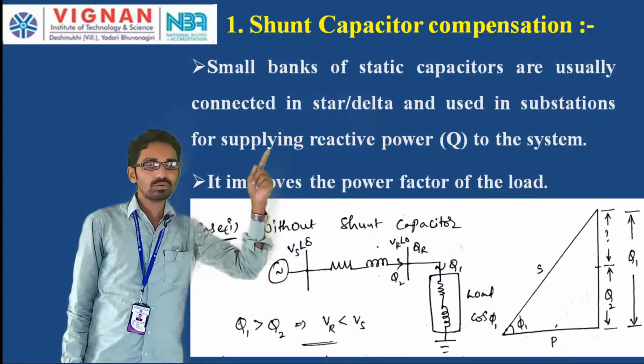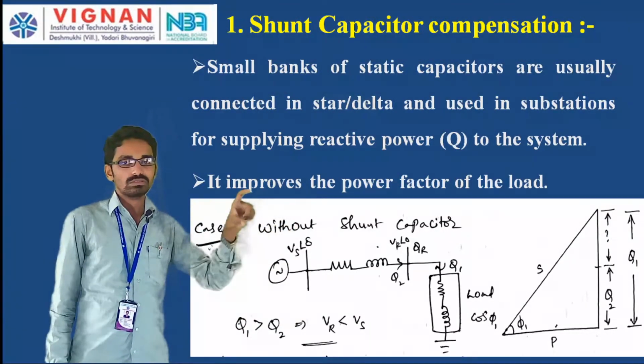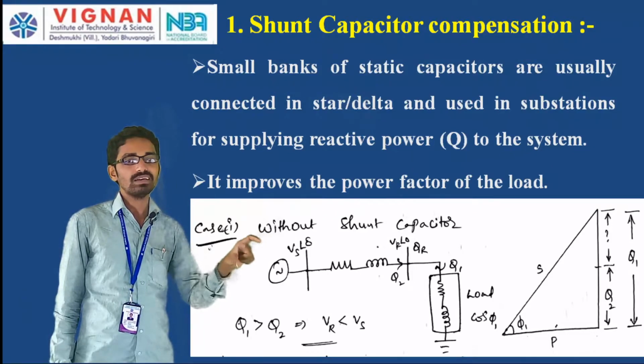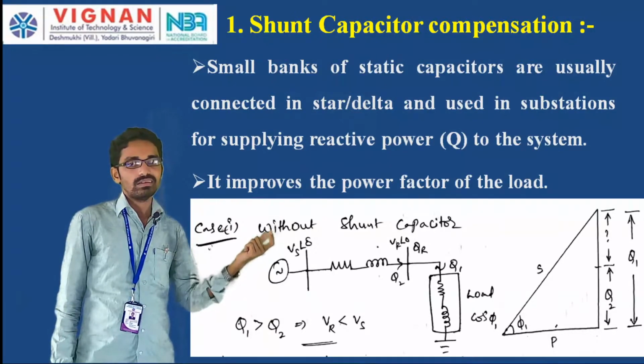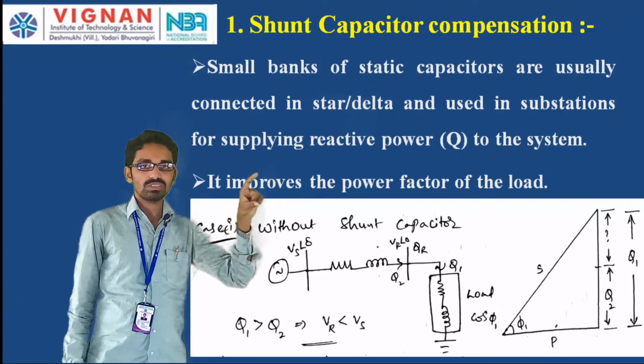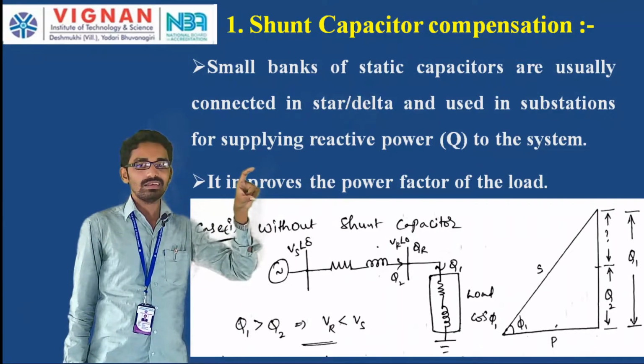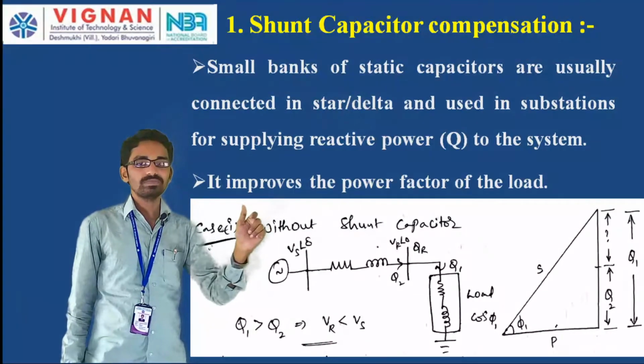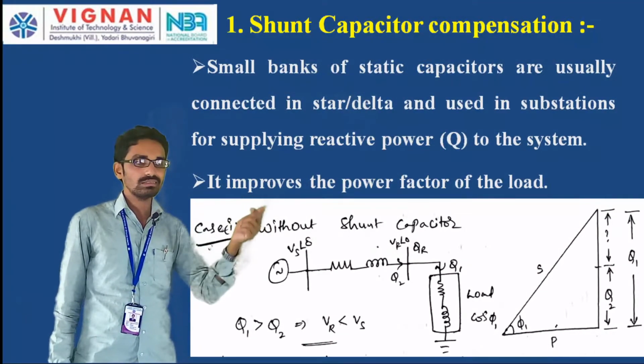That is what the question mark in the triangle is. Q2 is supplied by the generator and Q1 is your demand, and there is a question mark at the upper portion of the triangle. Who will supply the remaining reactive power, that is the remaining 2 units?